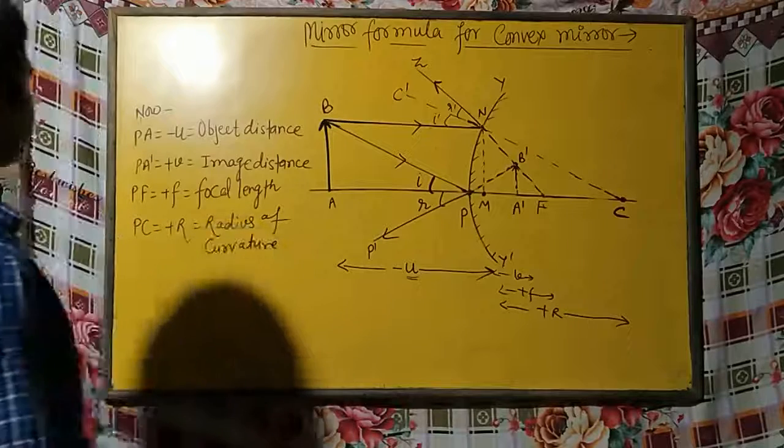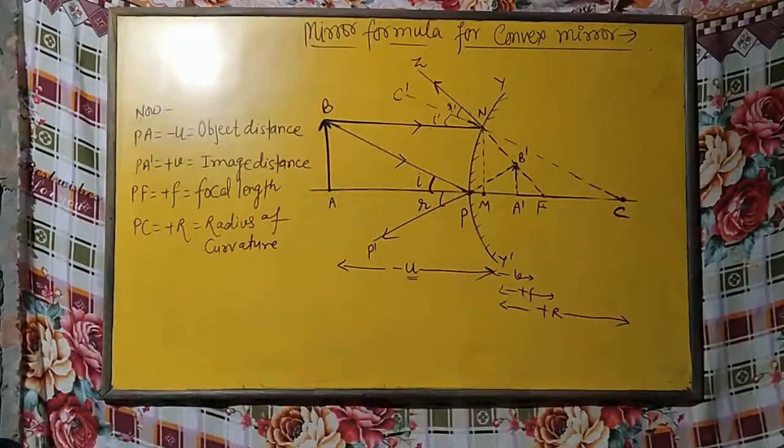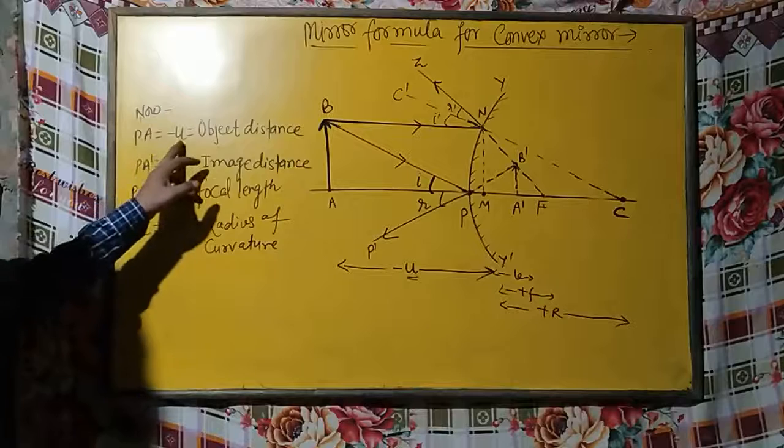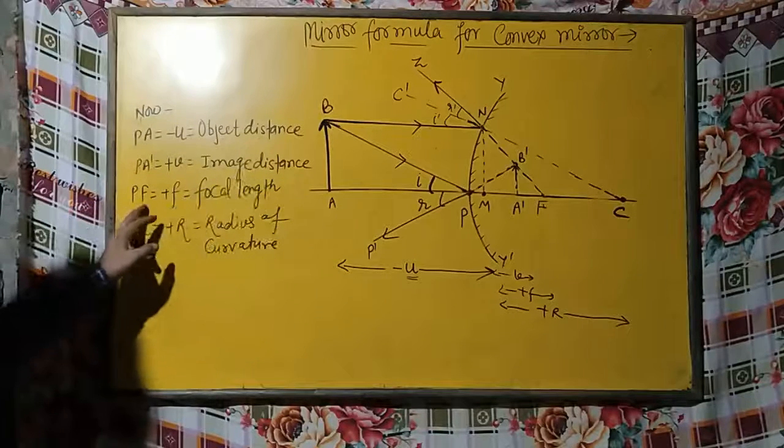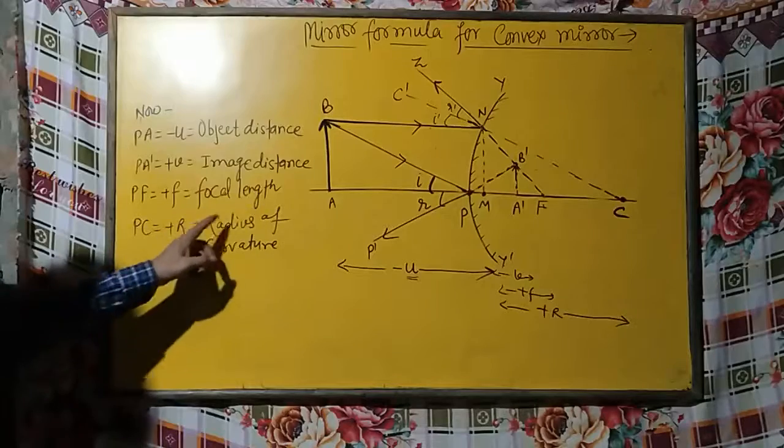Okay, so you can note down these things. PA is minus u object distance, PA' is plus v image distance, PF is plus f focal length, PC is plus R radius of curvature.